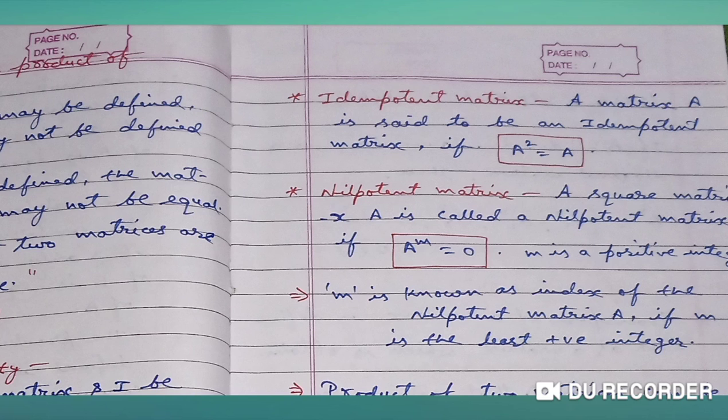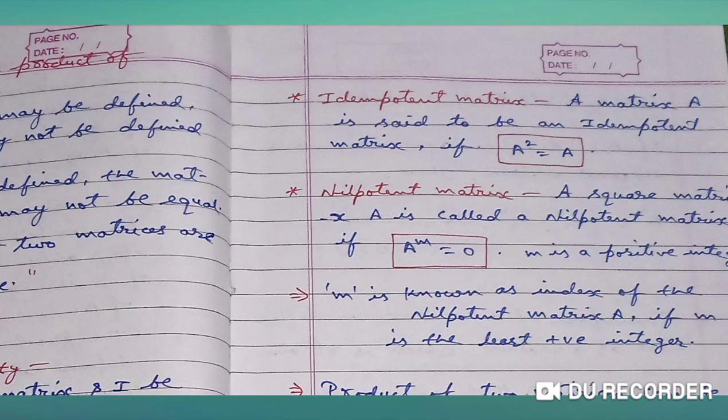This A square denotes the product of the matrix with itself. A is the given matrix, so we have to multiply the given matrix with itself.